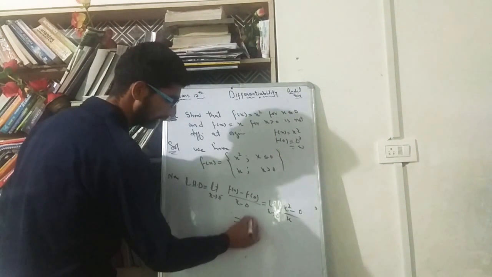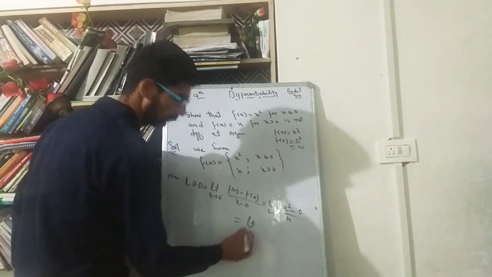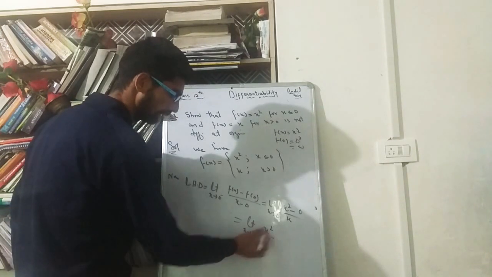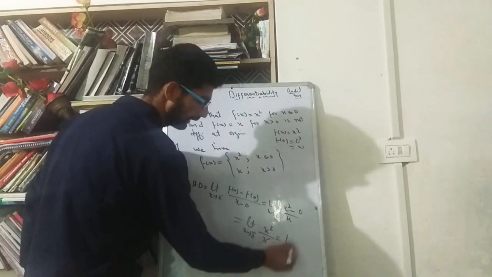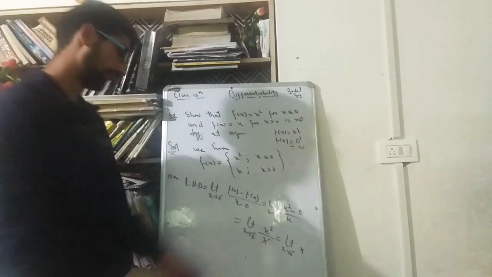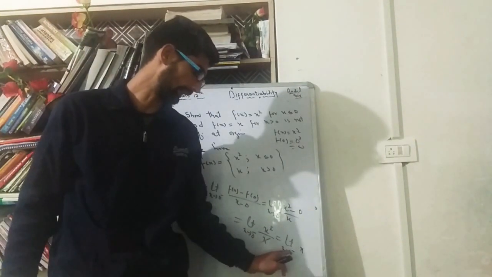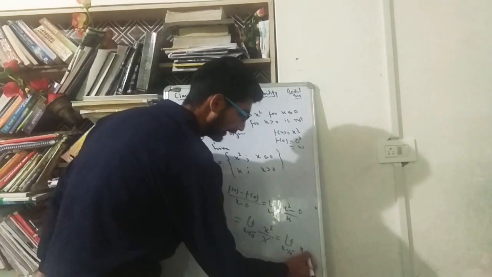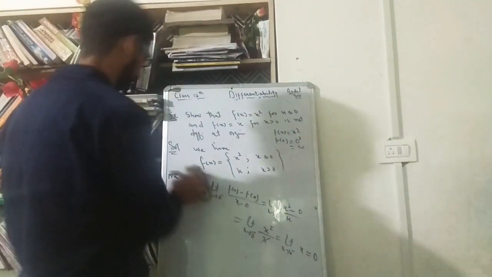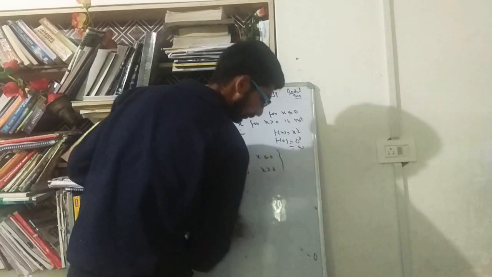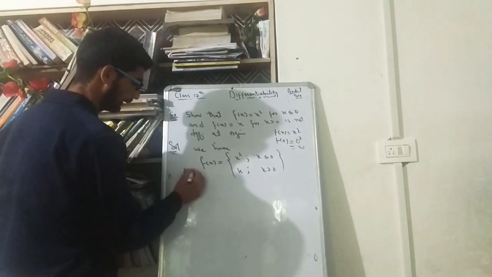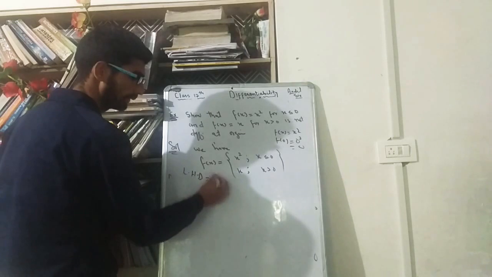So here it is limit x tends to 0 of x square divided by x. The x and x get cancelled, and we get limit x tends to 0 of x. We can substitute the value of x as 0 directly, so it comes out as 0. So the left hand derivative is equal to 0.